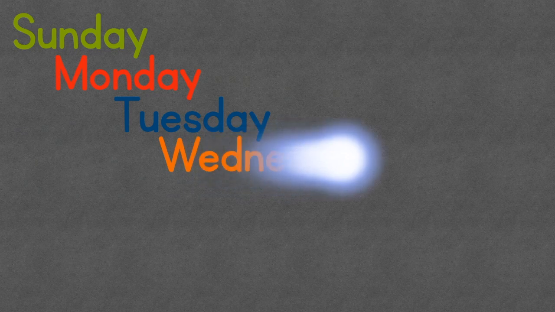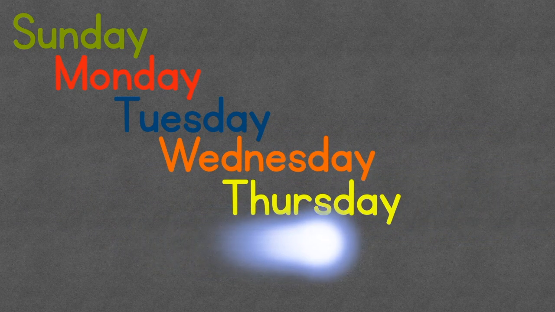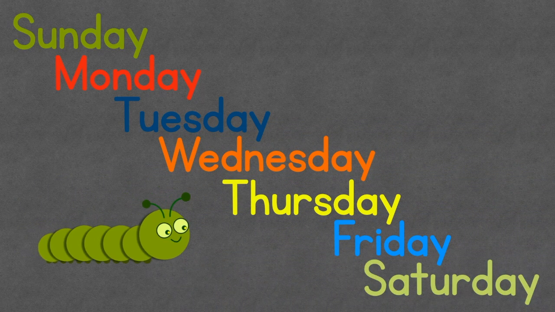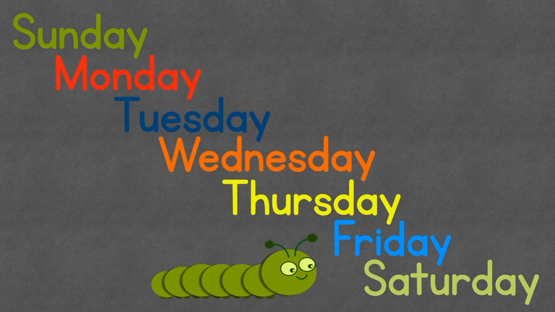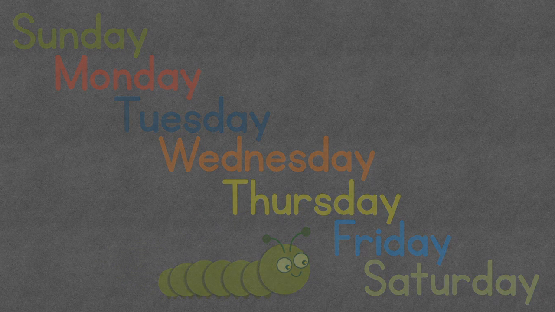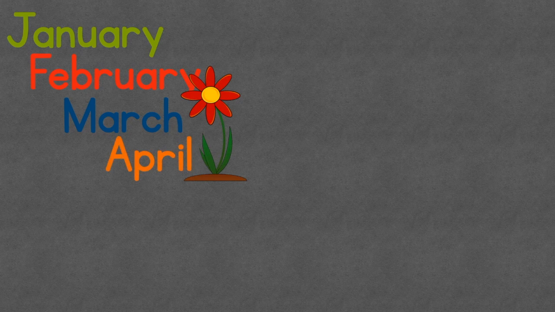Sunday, Monday, what comes next? Tuesday, Wednesday, you know the rest. Thursday and Friday, it's nearly the end until Saturday, start of the weekend. Yeah! In January and February, we're starting the year. March and April, spring is here.